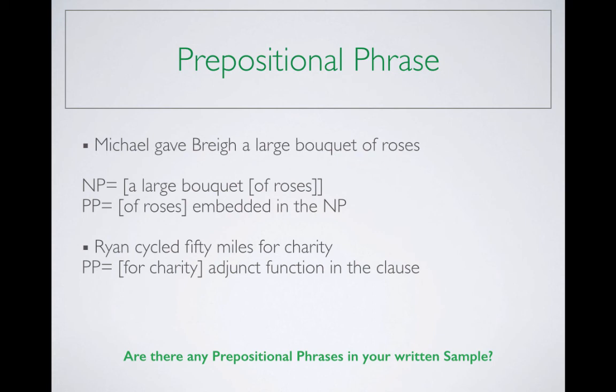Charity would be the noun. It is called an adjunct function because it can be moved. Notice that in the previous example, you cannot move of roses at the very beginning. Are there any prepositional phrases in your written sample?